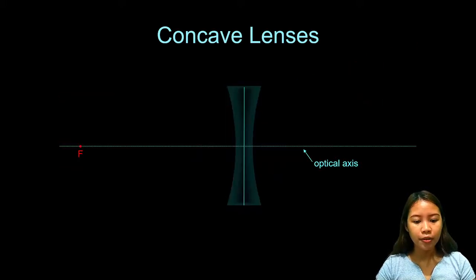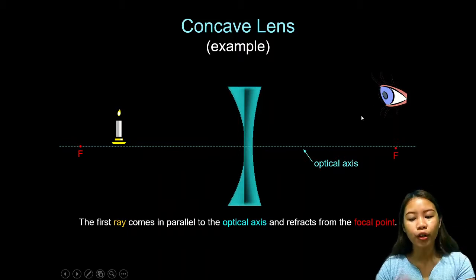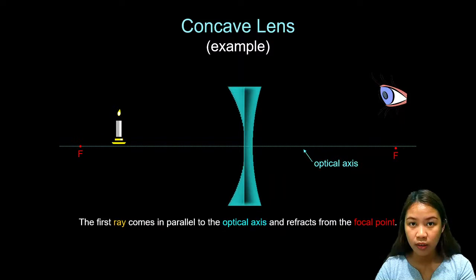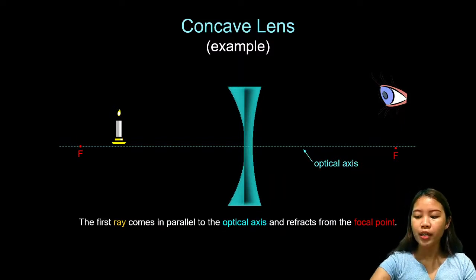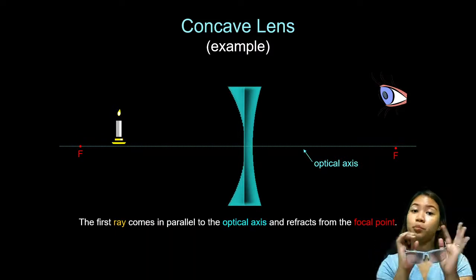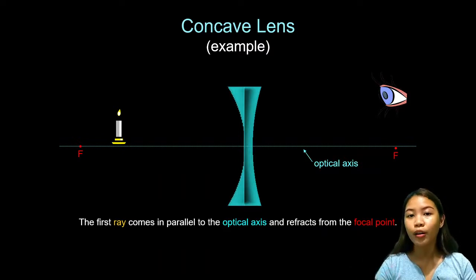Now, let us have here an example. We have the concave lens, the object, and of course, the observer. You cannot see whether something gets smaller or bigger through a lens if there is no observer. Since we are on lenses, I brought some props. Always remember that in lenses, the observer, which is you and me, is always in the opposite direction of the object.